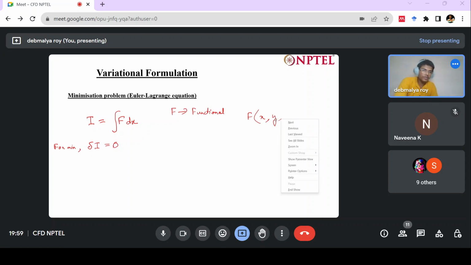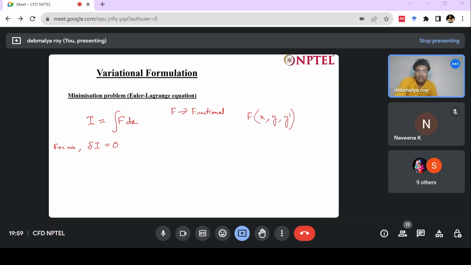This functional will consist of x, y as well as the derivatives. Let's take up to the first derivative, and if there are higher order derivatives, we can also take that.